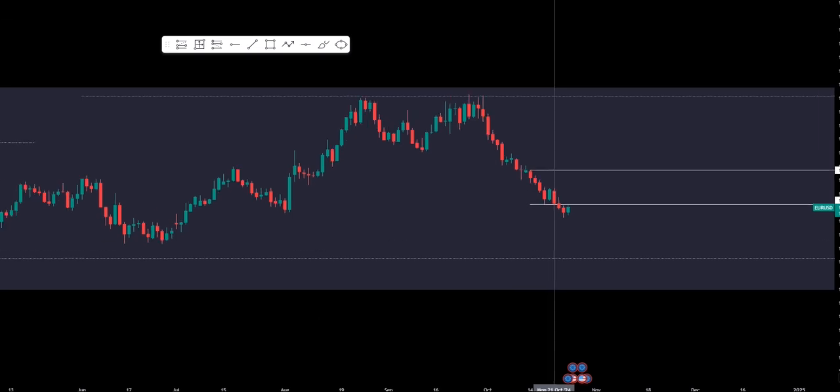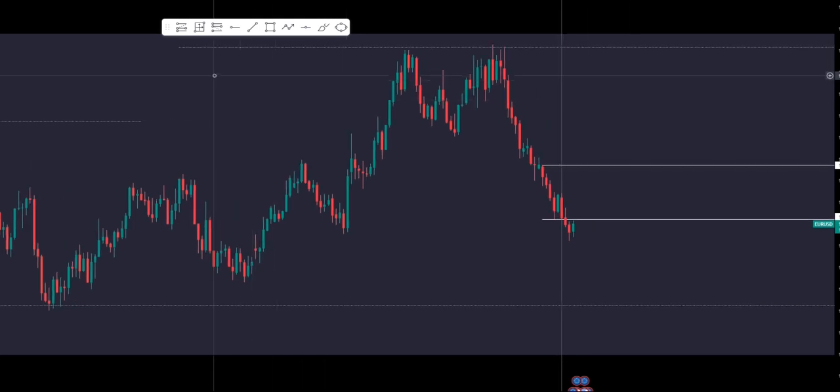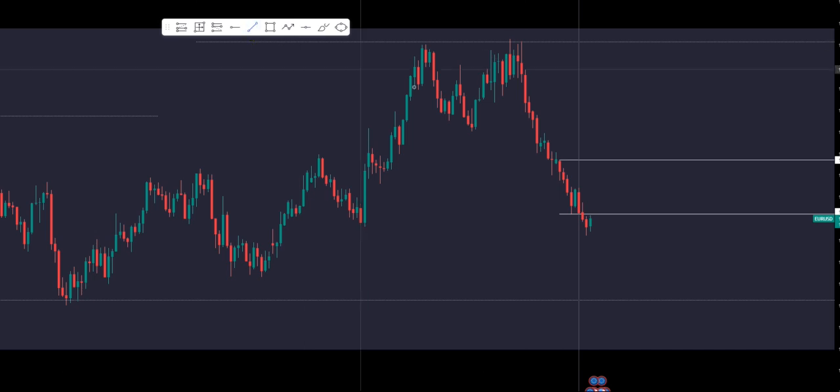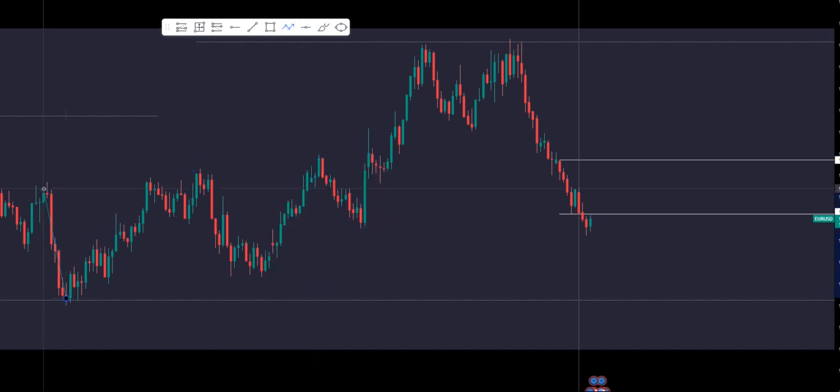Let's scale down to the daily. In the daily, we start to see the clean structure, what we're gonna do in the upcoming days. So now we were coming from this area right here, low. This was the lower high, lower low.